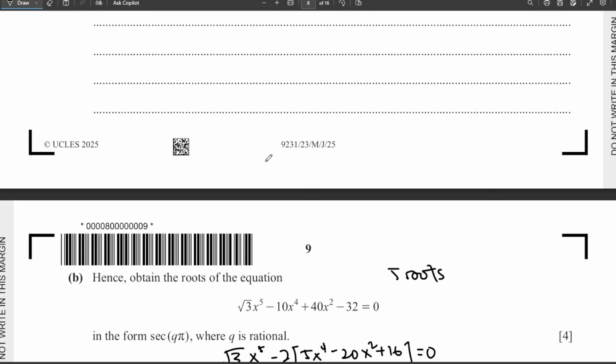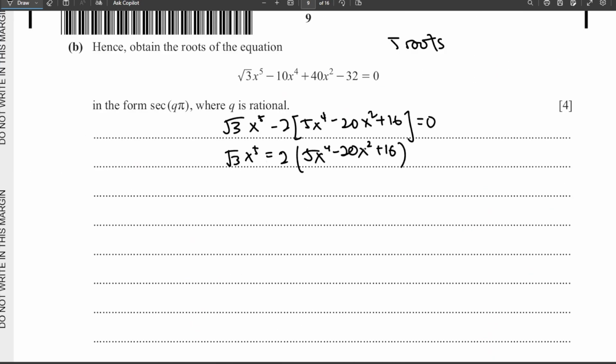And now on this side we have an x power 5. So we can go ahead and divide by this term, and we isolate the constants on one side. So we have x power 5 divided by this long expression, and we isolate the constant on the right hand side.